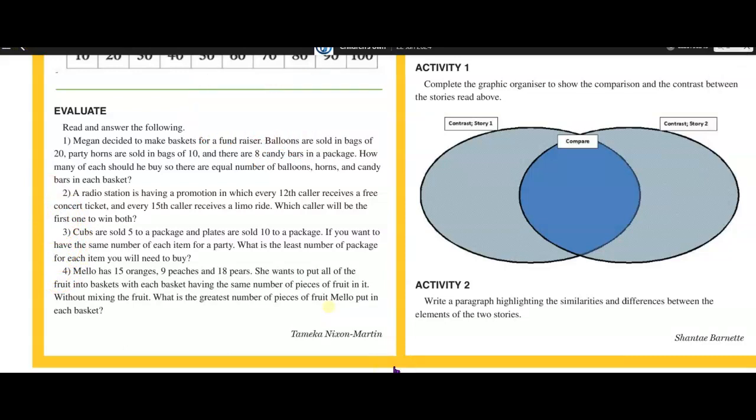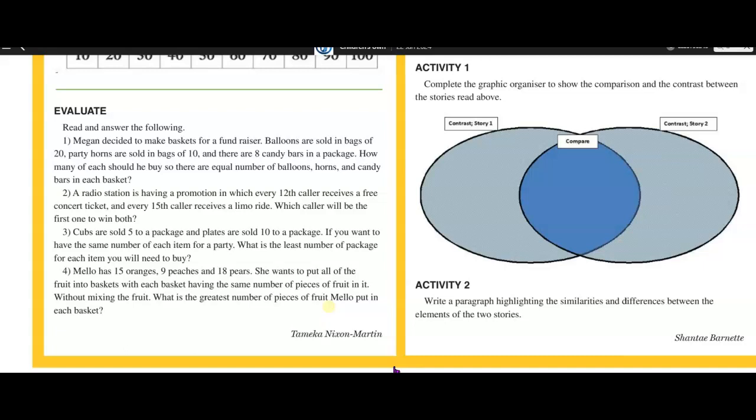All right, so Mello has 15 oranges, 9 peaches, and 18 pears. She wants to put all of the fruits into baskets, with each basket having the same number of pieces of fruit in it, without mixing the fruits.